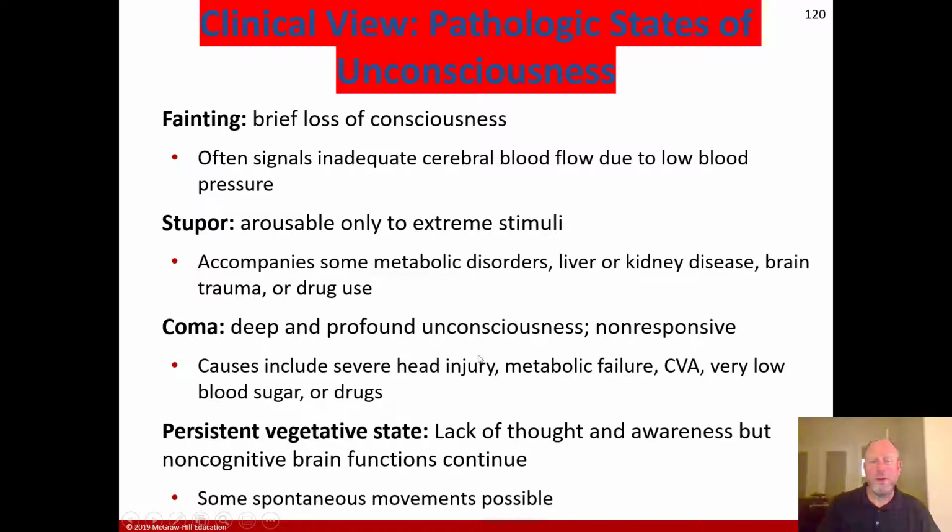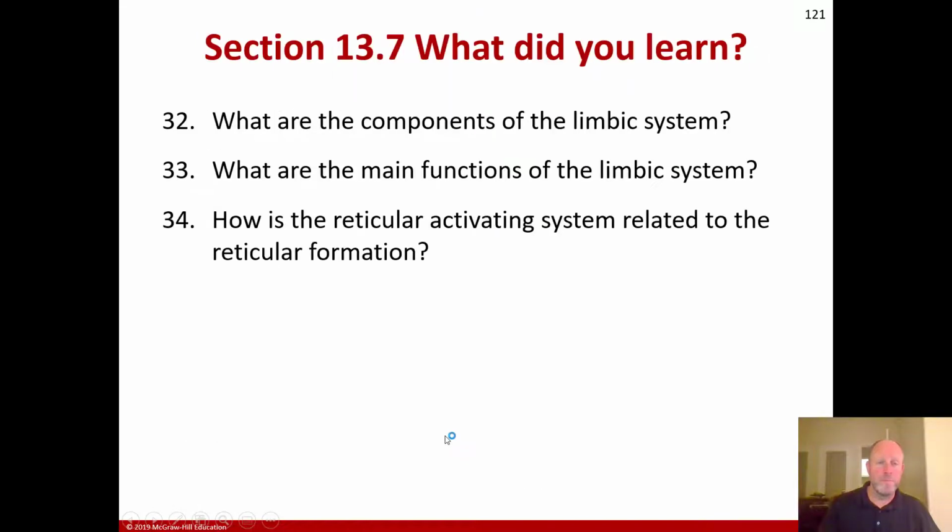Coma is a deep and profound unconsciousness that's non-responsive. Causes include severe head injury, metabolic failure, cardiovascular problems like stroke, very low blood sugar, and drugs. Persistent vegetative state is a lack of thought and awareness, but non-cognitive brain functions continue. Some spontaneous movements are possible in that respect.